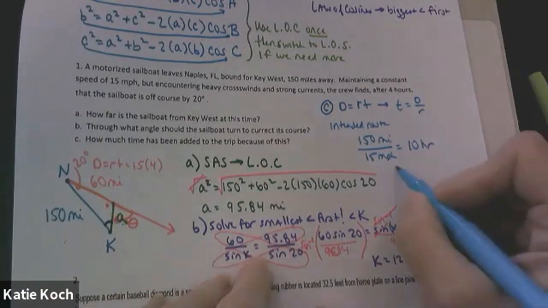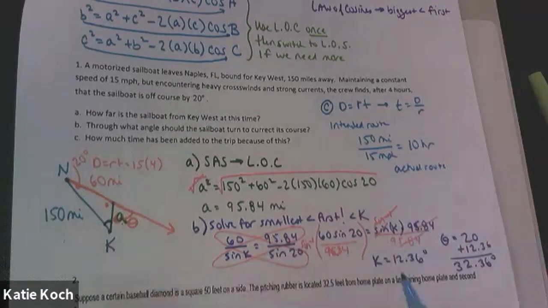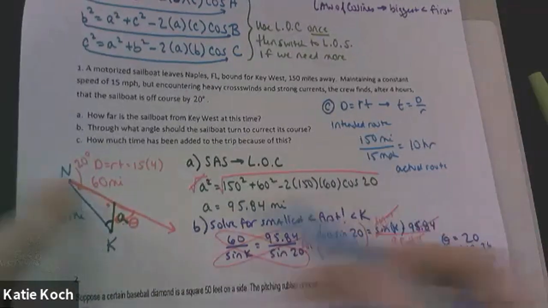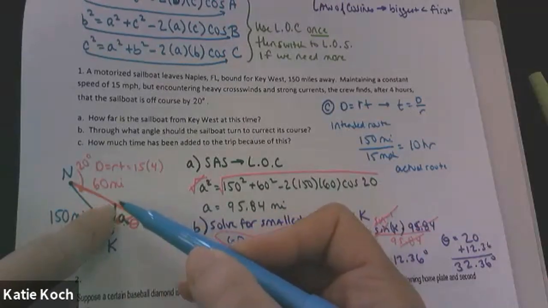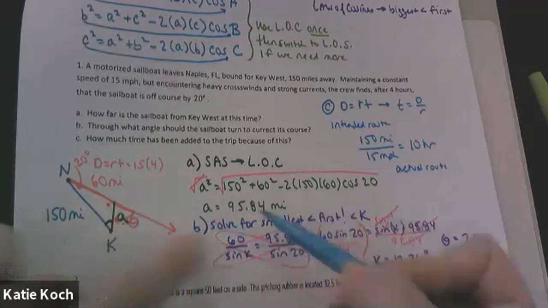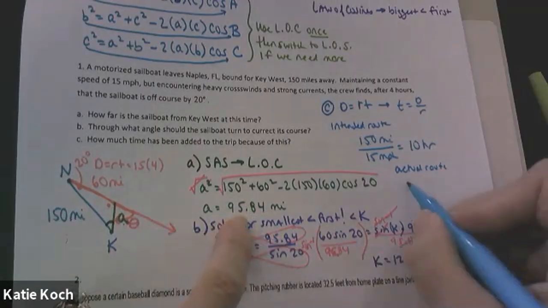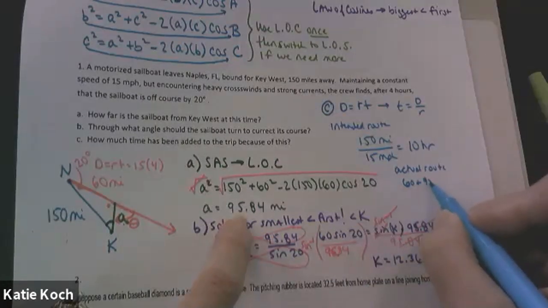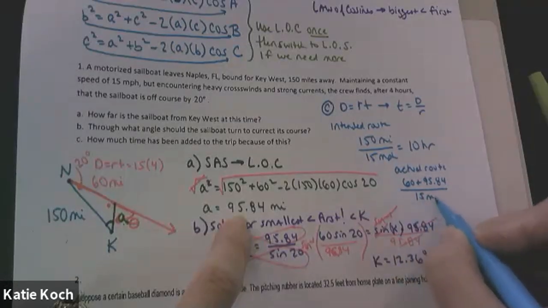The actual route, thanks to the winds: they actually went how far? They went 60 miles and then figured out, oh shoot. So then they had to turn and went another 95.84 miles. So they actually went 60 plus the 95.84 miles, traveling at 15 miles per hour.